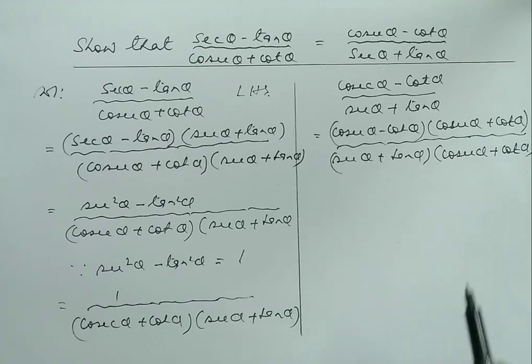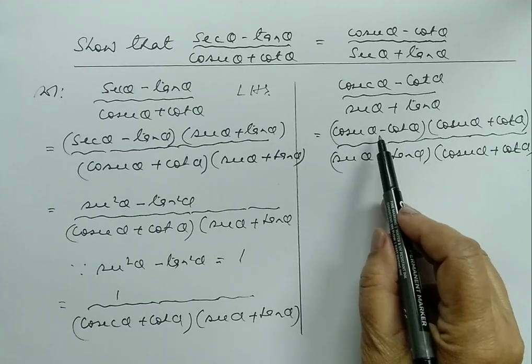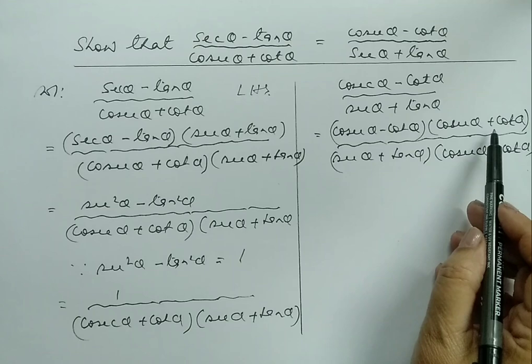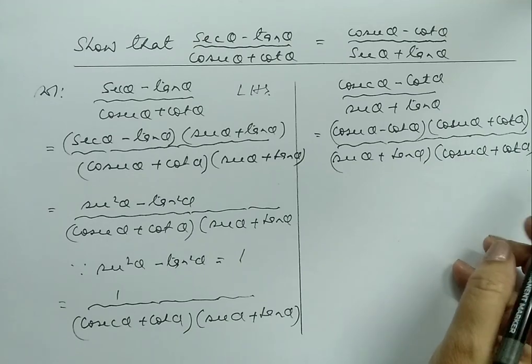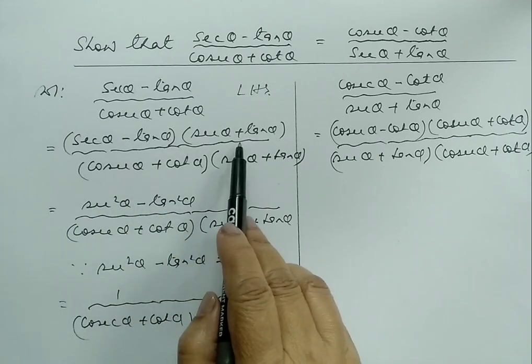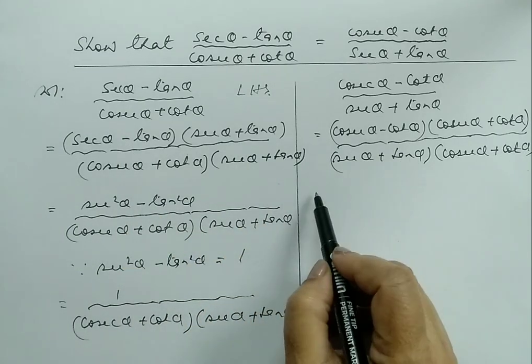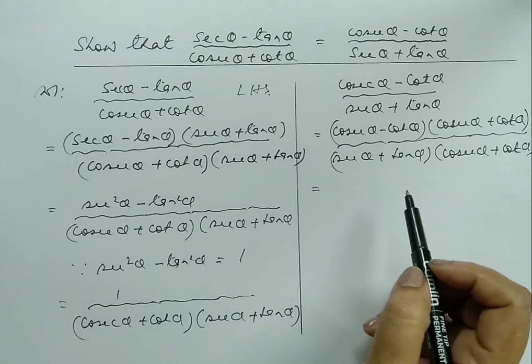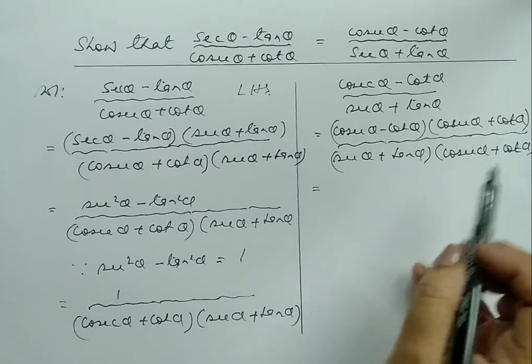So remember guys, don't mess up because we have a minus here, so we take a plus here. Just the way we had a minus here and we took a plus. Next step is a minus b, a plus b.